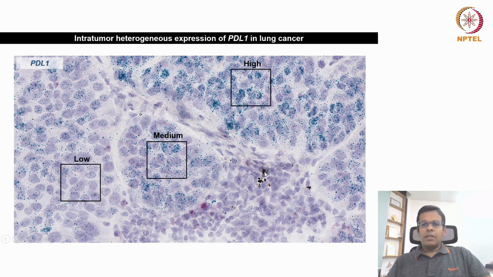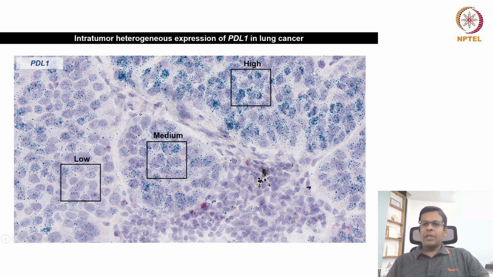Here is one tissue section, and you can see different cells here, and the PDL1 gene is labeled by smFISH. By making those kinds of probes, the PDL1 gene is fluorescently labeled, and here it is shown as blue dots. Each blue dot represents one mRNA.